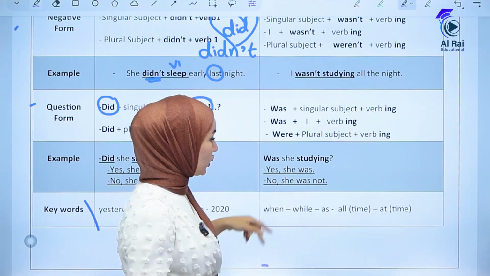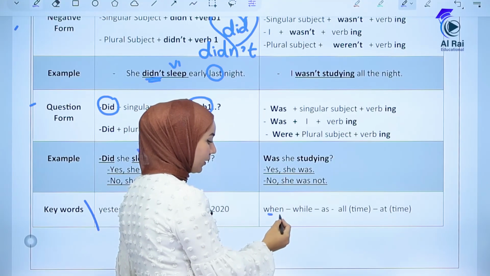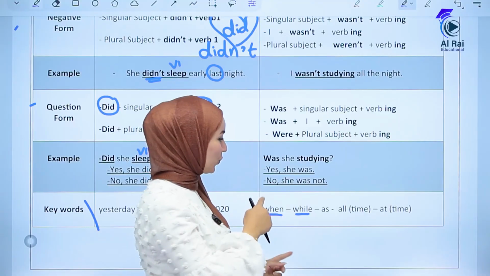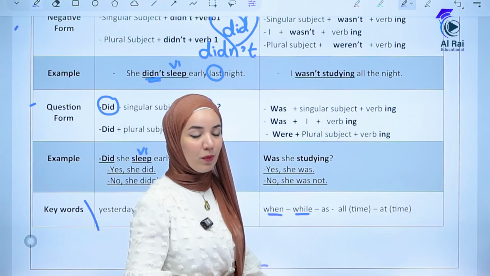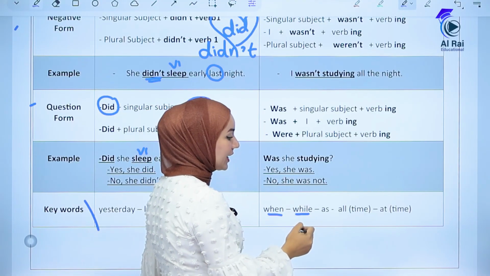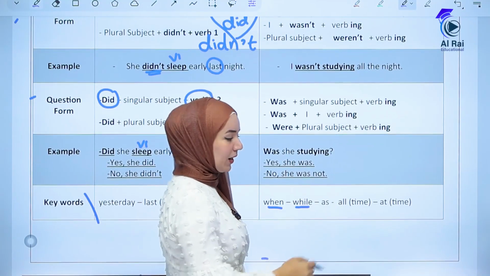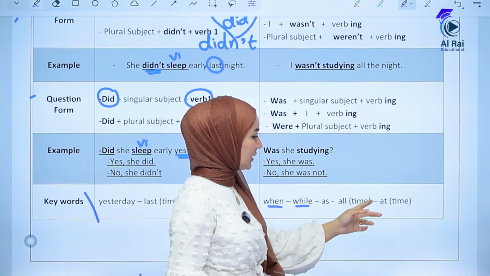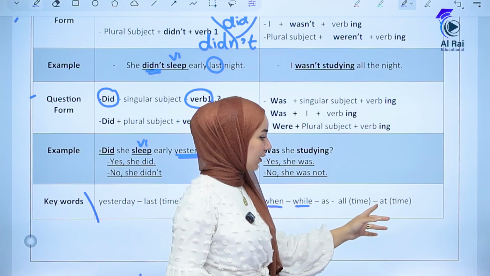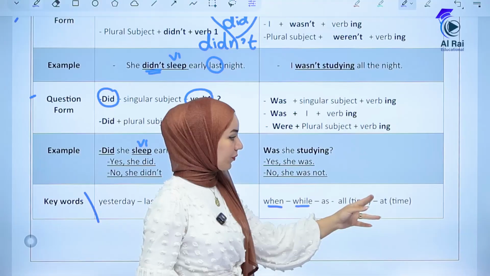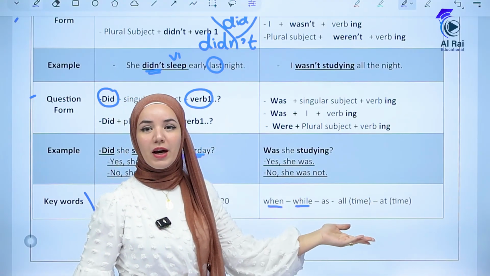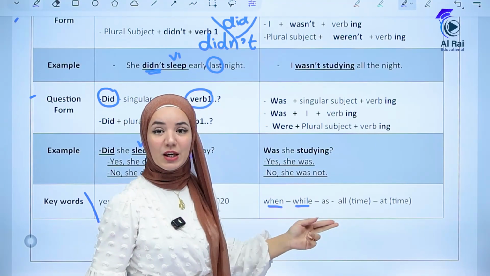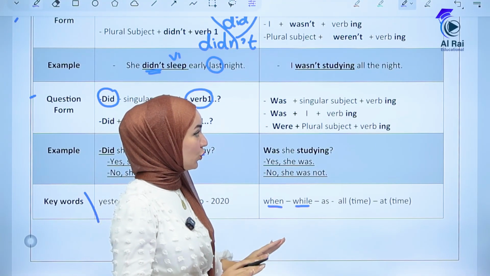The keywords here are when, while, and there is a small trick about when and while. I'm going to tell you about it. Then as, all, like all night, for example, and at with any time. For example, at 9 o'clock.